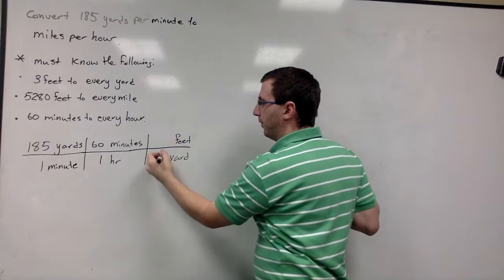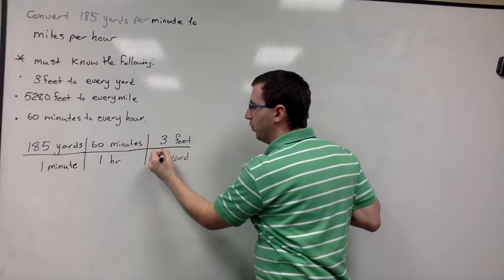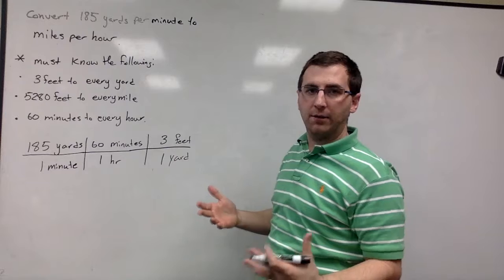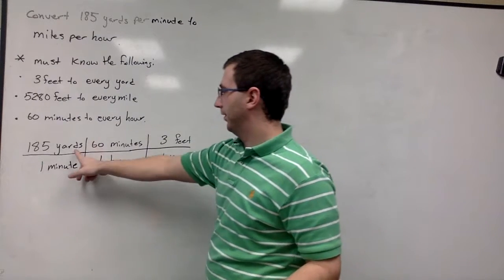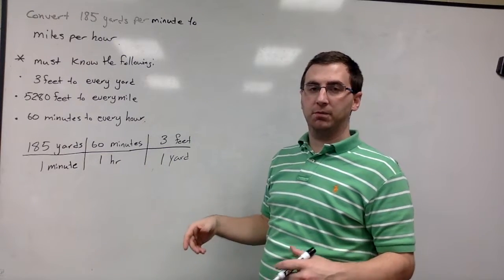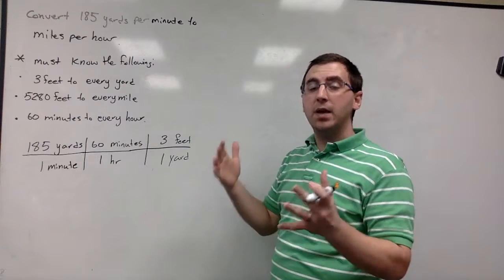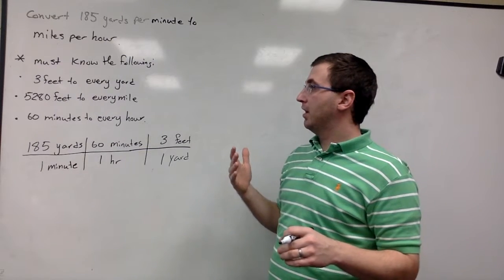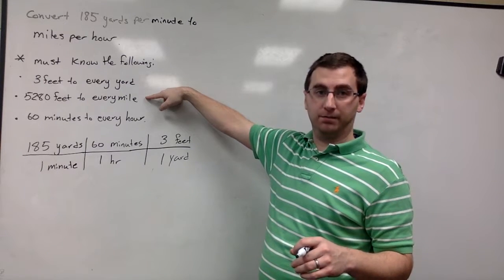So basically what we're saying is that we got 3 feet to 1 yard. 3 feet for every yard. Now what this does, this cancels out the yards. So now we have feet over hours. Okay, we just haven't actually slashed and splattered yet. So now here's where we're going to have to convert from feet to miles. And that's where the second part comes in.